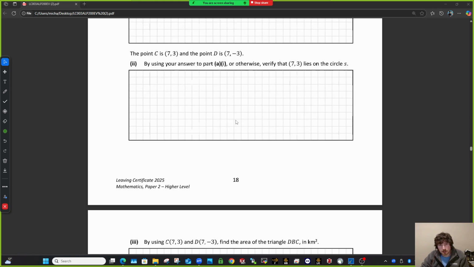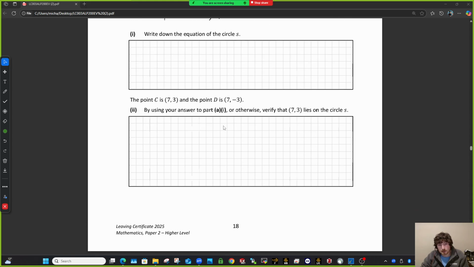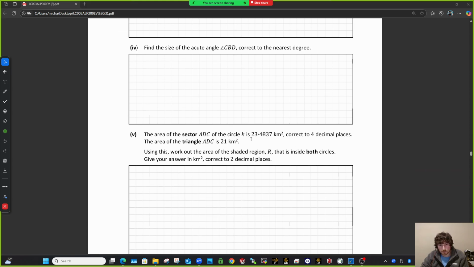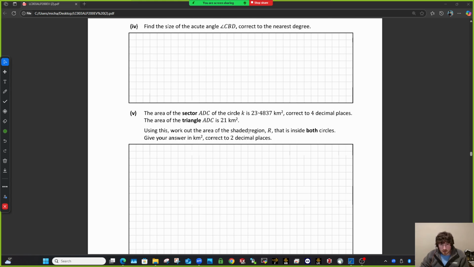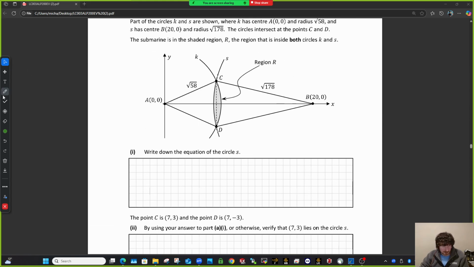So they wanted you to get this shaded area, but they kind of lightened the workload on you by giving you some values here, you know. So the way we do this here to get that shaded area is we get the area of all this sector here, and we get the area of all that sector there, and we get the area of this triangle here. And then we take them away, and then we get this shaded area here, just this little shaded bit at the end.